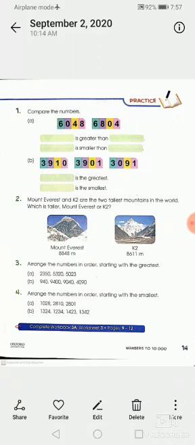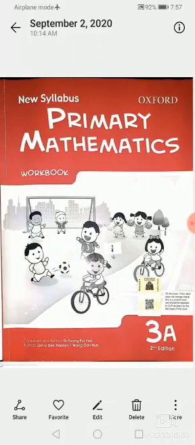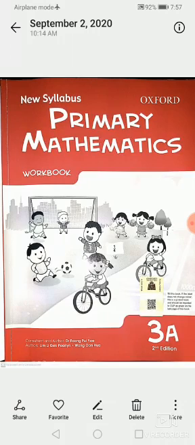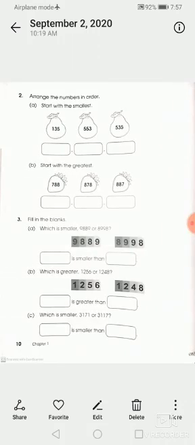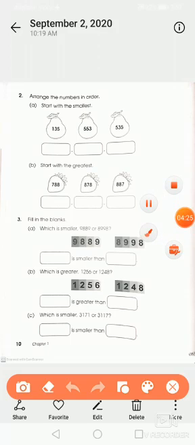Now please kindly open your New Syllabus Primary Mathematics Workbook 3A. Open page number 2. Here the questions are given, question numbers 2 and 3. In this page, question number 2 says: arrange the numbers in order, starting with the smallest number.